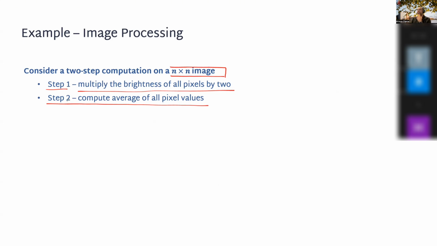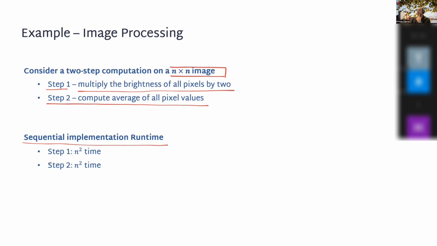Okay, this is for step 1, and what about step 2? For computing the average, I think the same. Yes. So if we implement a sequential program, we need n2 time to compute the first step, and we need another n2 time to compute the second step, right?